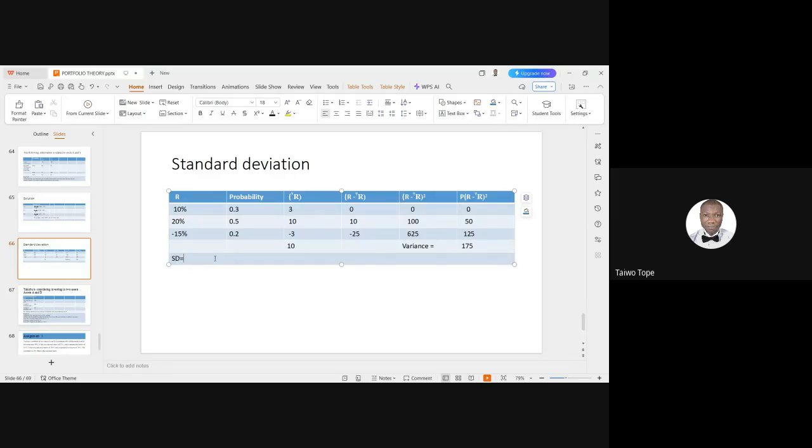Your standard deviation will be equal to the square root of variance, which is 13.23%.